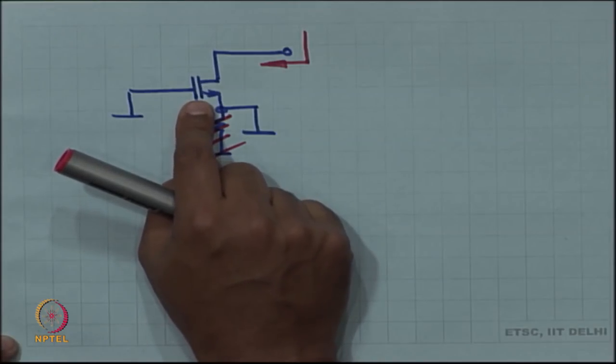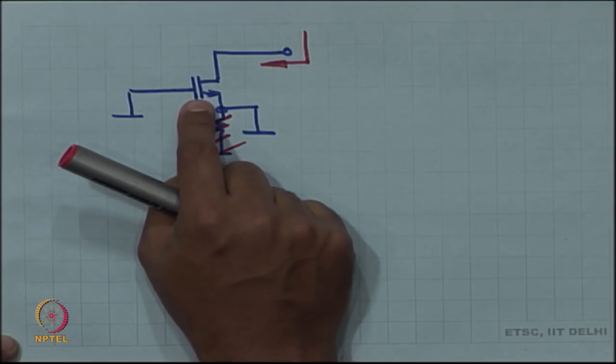There is a second element GMB times VBS, and base is at 0, body is at 0, source is at 0. So, VBS is also 0, GMB times VBS is therefore also 0, which means those 2 elements GM and GMB are both not doing anything.